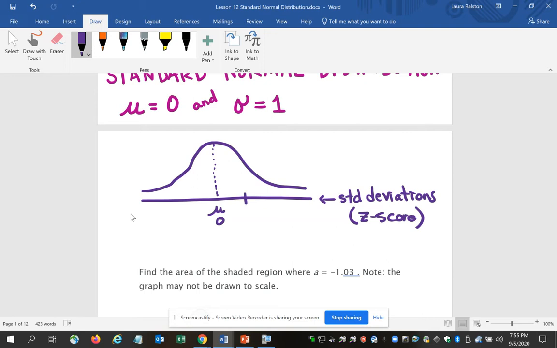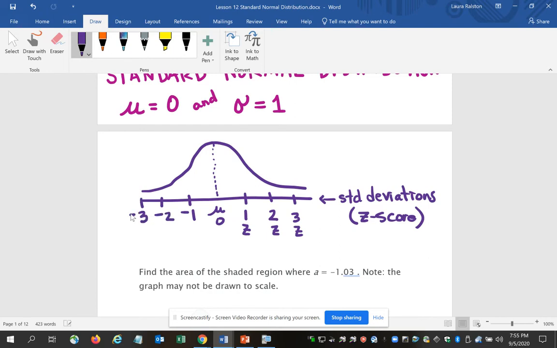So I would have 1 standard deviation above the mean, so the z would be 1. 2 standard deviations above the mean, the z would be 2. 3 standard deviations above the mean, so z would be 3. If I'm below, those z values become negative.